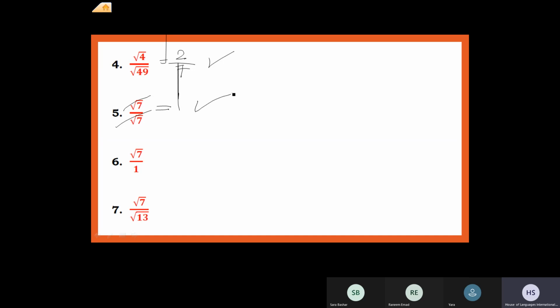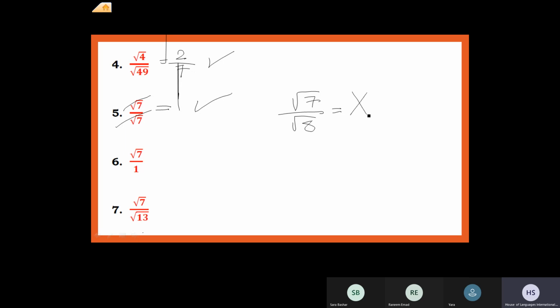So focus with me here. Because square root of 7 is not rational, but because I divide it by the same number, it's cancelled. If we have square root of 7 over square root of 8, it cannot be cancelled. So we have it as not rational.